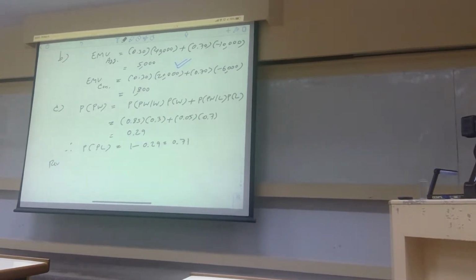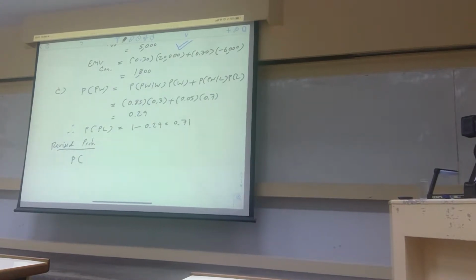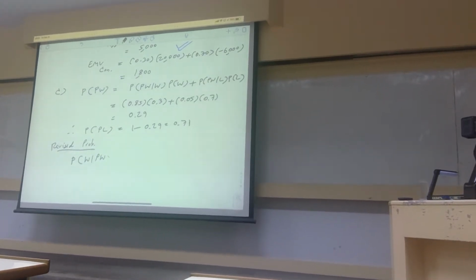So now for the Bayesian probability, what do we want to find? It's the probability of win given predict win. You want me to write down more detail or just the number? Detail. Okay. So we're going to have predict win given win.